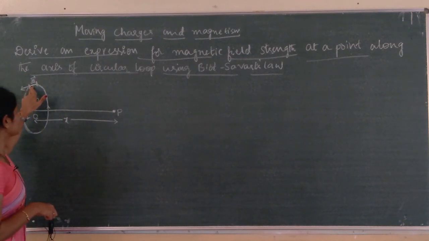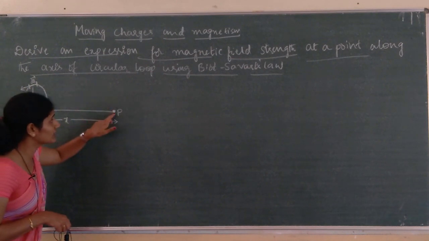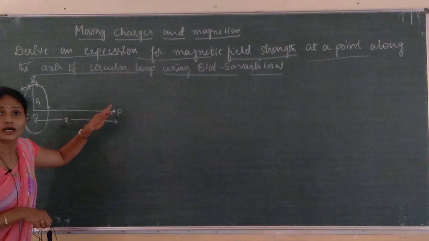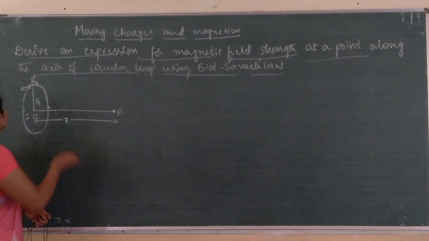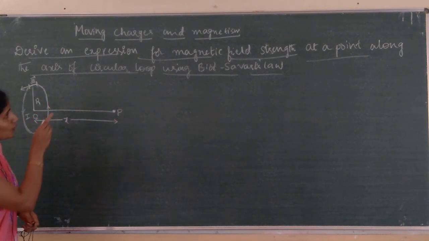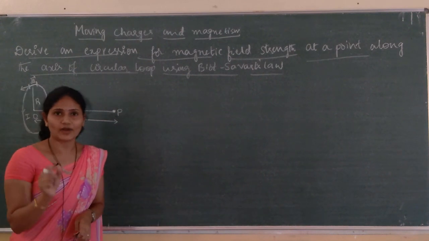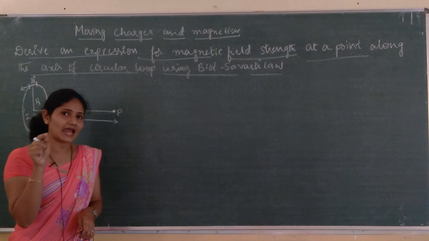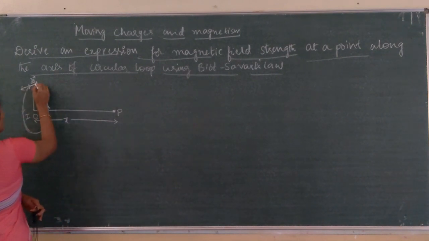So due to this line element, what is the magnetic field at a point along the axis of the circular loop? According to Biot-Savart's law, the r vector is a position vector which joins the line element dl and the point P. So I will draw a line.